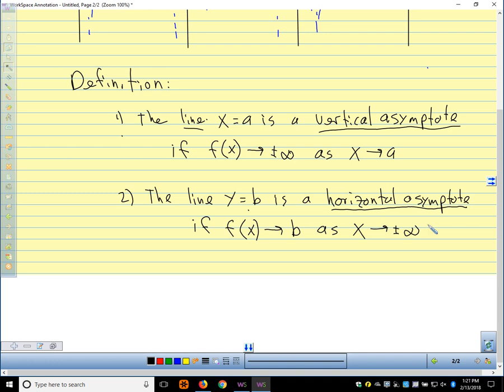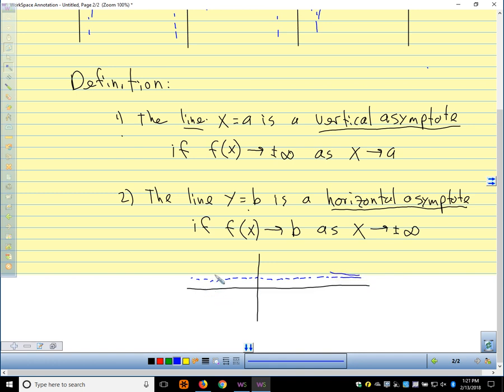So vertical asymptote means our function is going up to positive infinity or down to negative infinity. Horizontal asymptote means that, I'm going to draw a little picture here, and we'll say this is our horizontal asymptote. This is saying that as x gets really, really big, or really, really big negative, our function eventually gets close to that line.